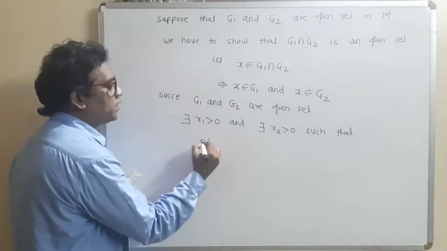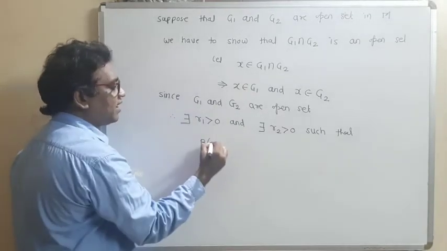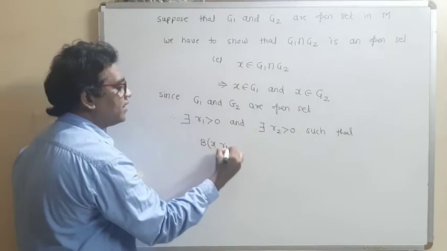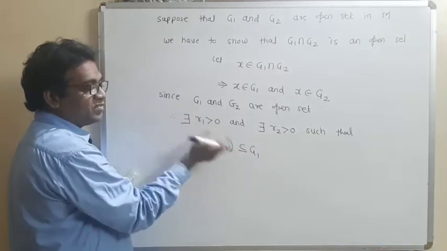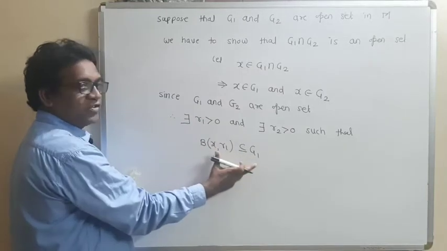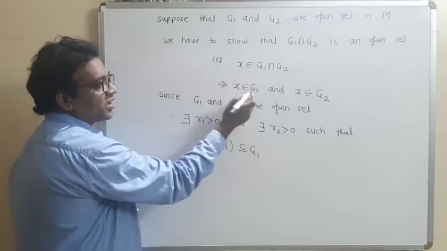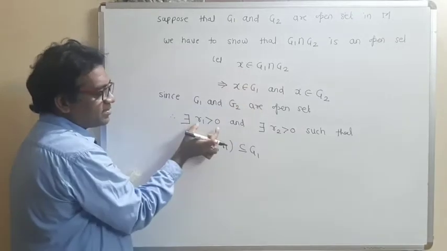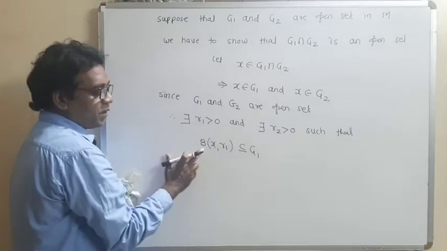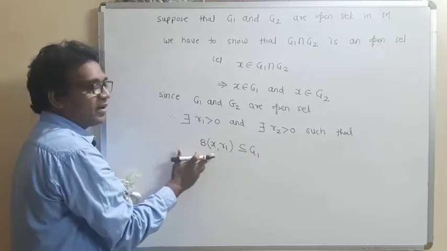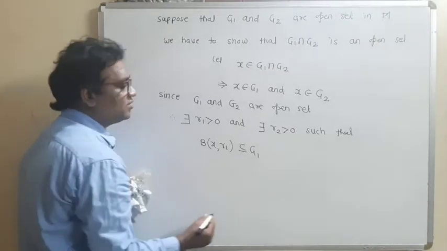The open sphere B with center at X and radius R1 is contained in G1, because G1 is an open set. The definition of an open set: for each X belonging to G1, there exists some radius R1 such that the open sphere B(X, R1) with center X and radius R1 is contained in G1.